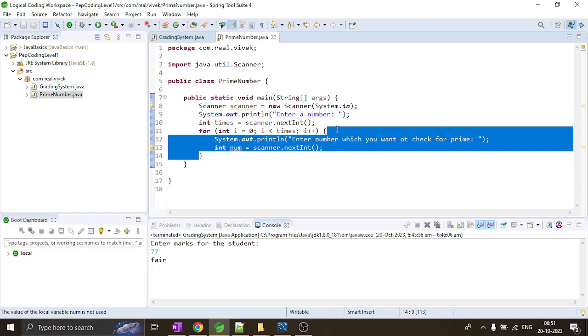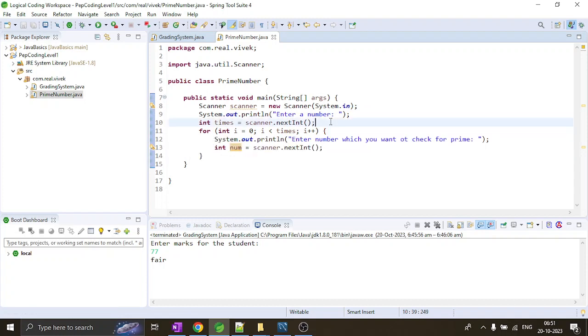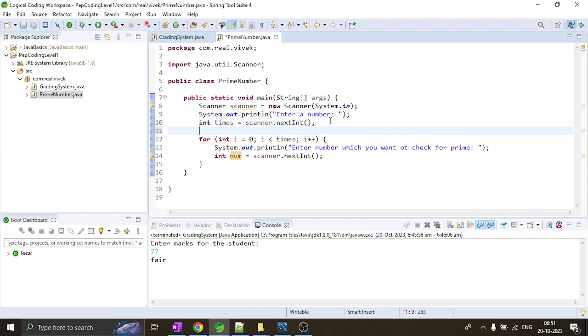So what we can do is have an array, store the input elements in the array, and iterate over the array. So let's try to do that.